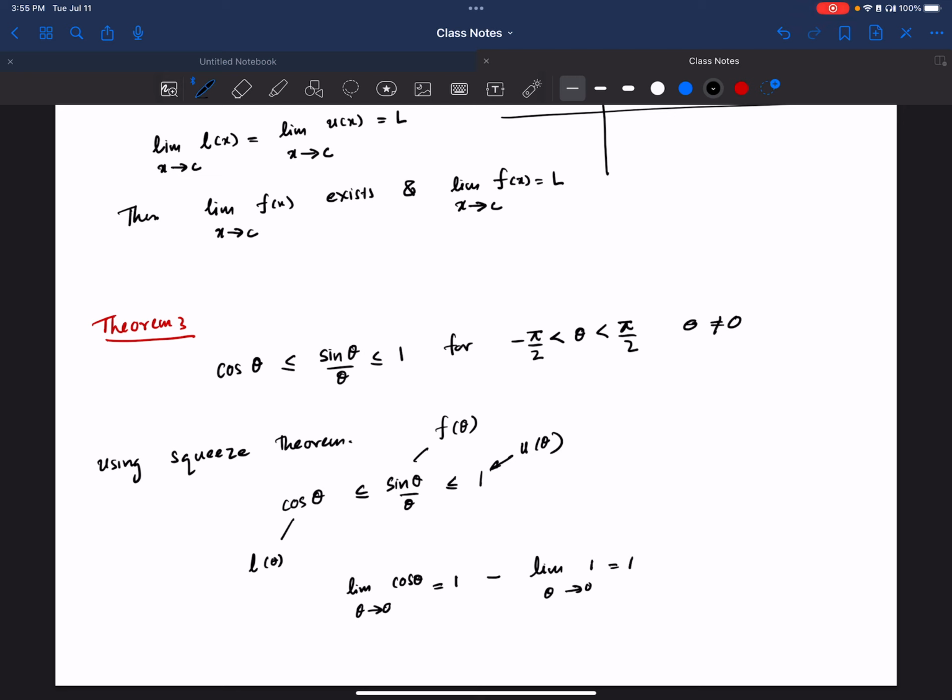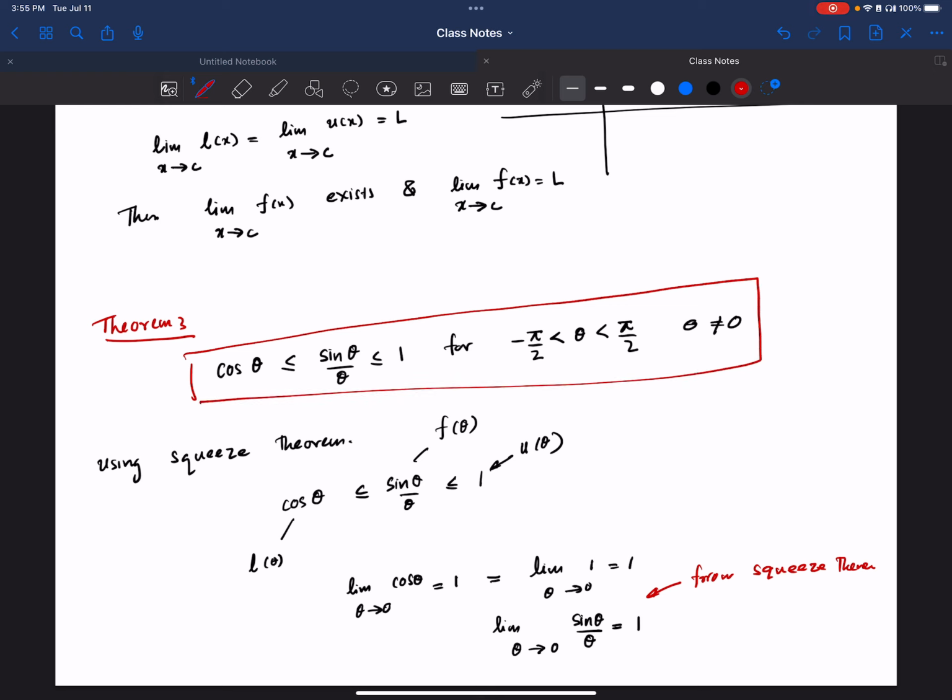So these two are equal, and then we can prove that the limit as theta goes to 0 of sine theta over theta equals 1 from the squeeze theorem. What we did was use this theorem and the squeeze theorem to prove the first theorem.